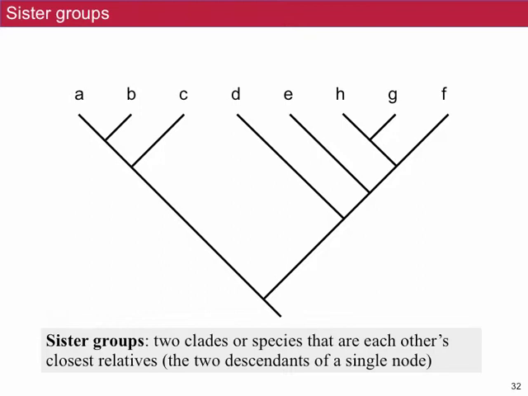So for example, A and B here are the descendants of this node here. They are sister taxa to each other. If we go to this next node here, C is a sister taxon to the group of A and B. And so on. G and H are sister to each other. F is sister to the group of G and H.